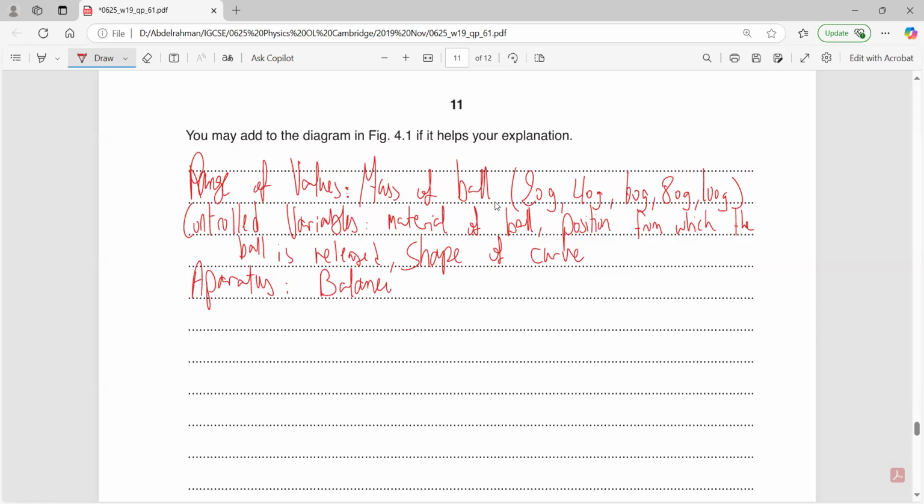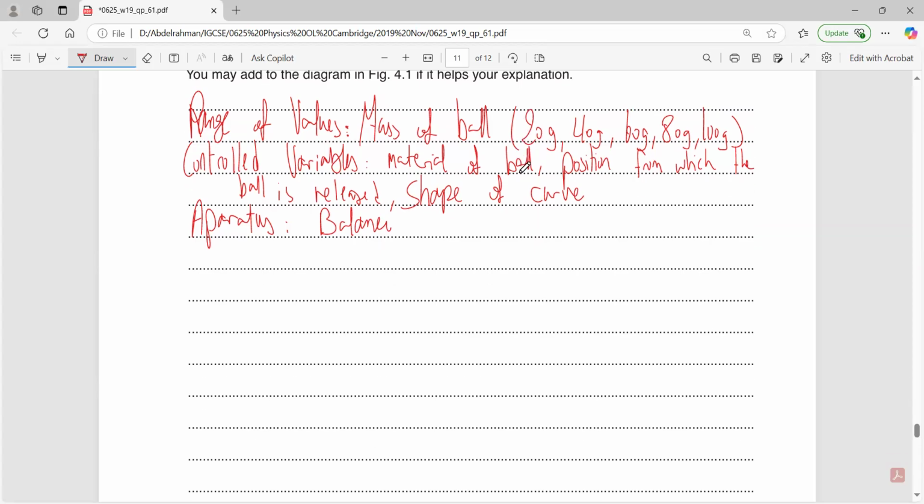Apparatus, and then we need to write down the steps. What are the steps that we will be using? Release the ball from a certain position.